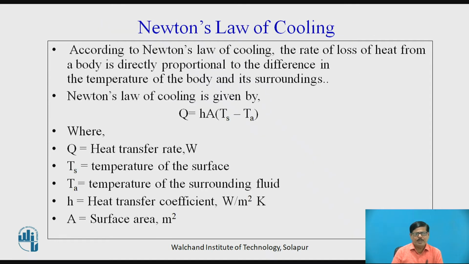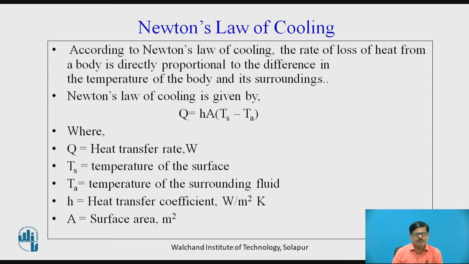Now coming to the basic law of convection, which is called Newton's law of cooling. According to Newton's law of cooling, the rate of heat loss from a body is directly proportional to the difference in the temperature of the body and its surroundings.